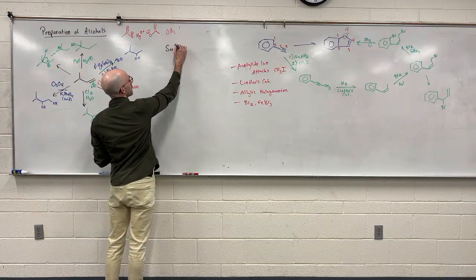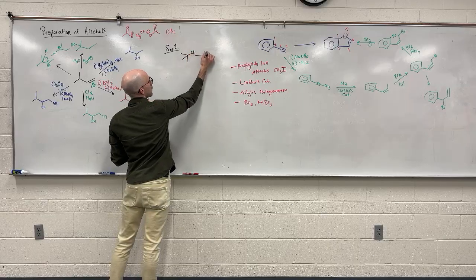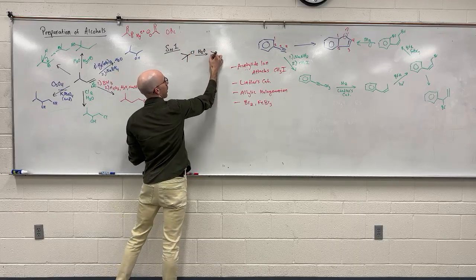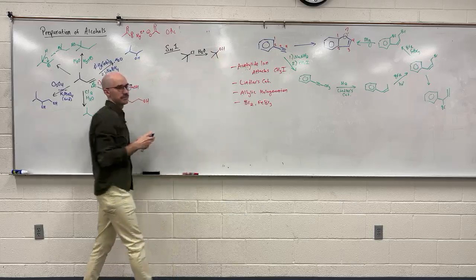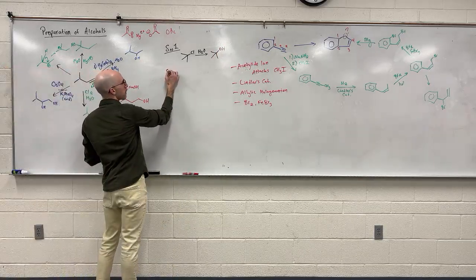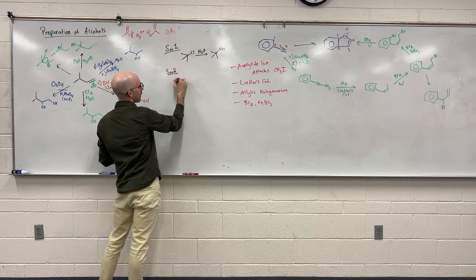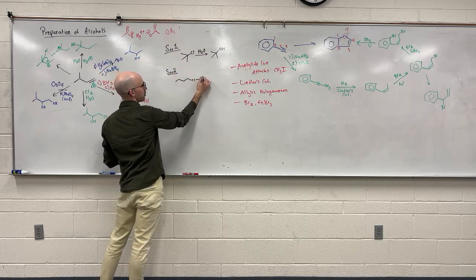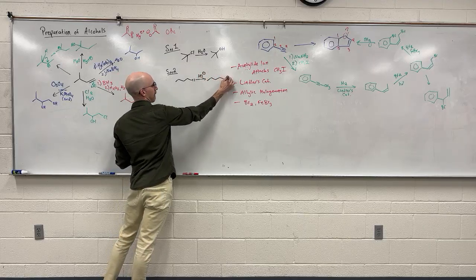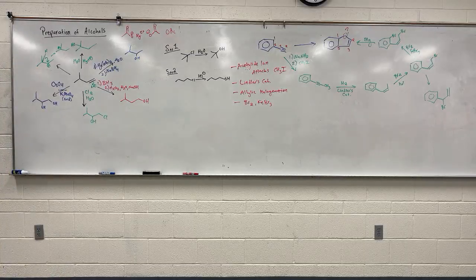So we can see SN1. I can use something like water on a more substituted carbon, and I make an alcohol. I can see SN2 if I have a less substituted alkyl halide. I can use a strong base like hydroxide.